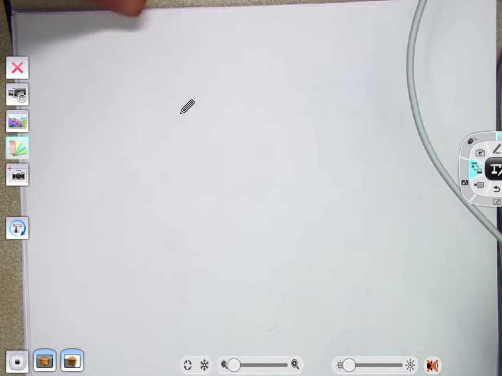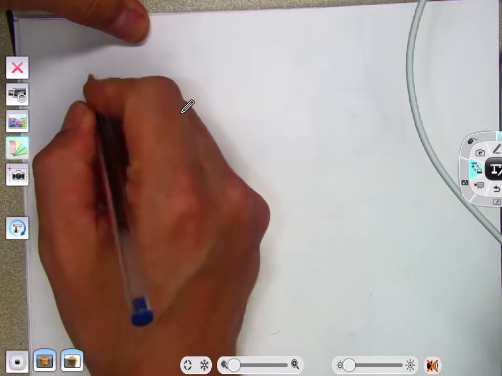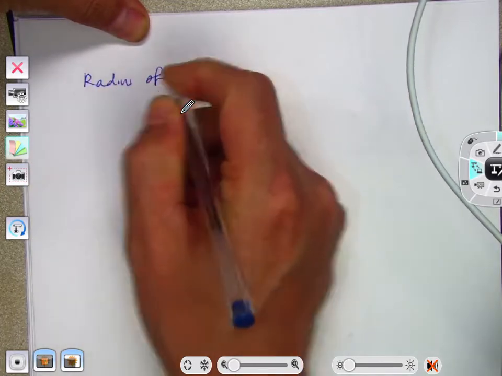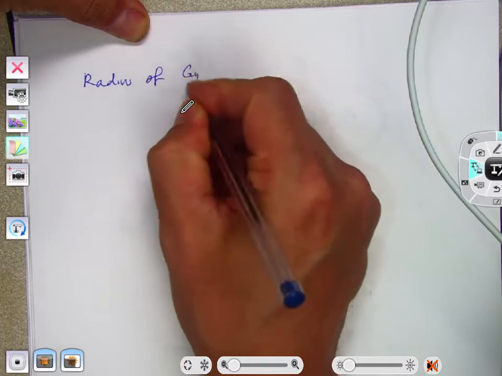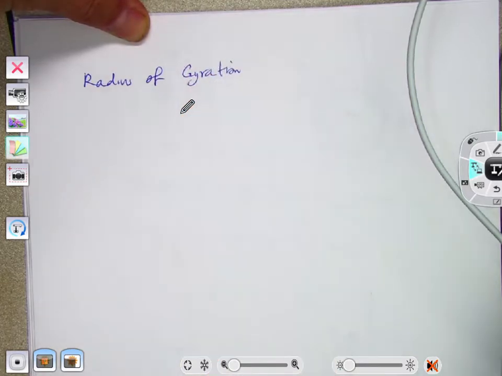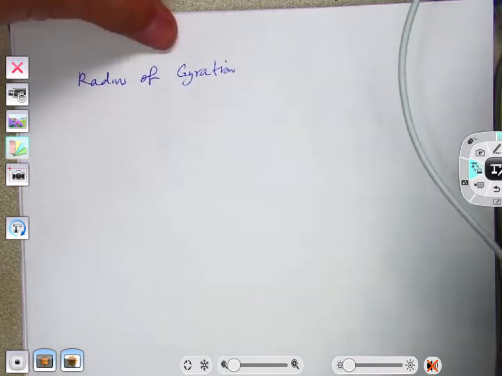So now I'm going to define something for you guys, the radius of gyration, or as the French say, gyration. So this is how we define it.